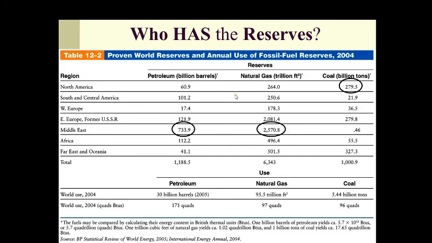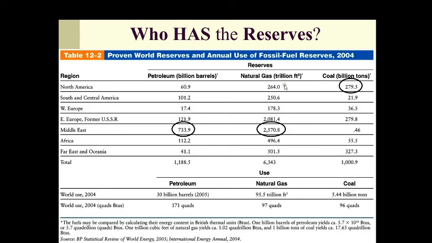So where are they? This table is from your book, and it shows how many billions of barrels or trillion of cubic feet of oil and natural gas are available in different countries. Right? Also shows coal. Notice the United States, or North America, I guess, which includes Canada and Mexico, has the biggest coal reserve, with the exception of what's in Far East and Oceania, which is going to be hard to get to, and Eastern Europe has quite a bit.